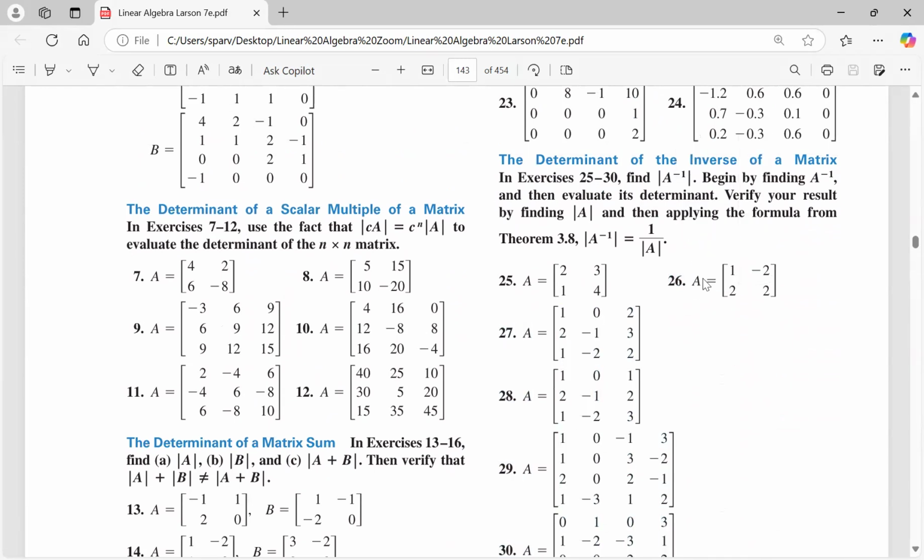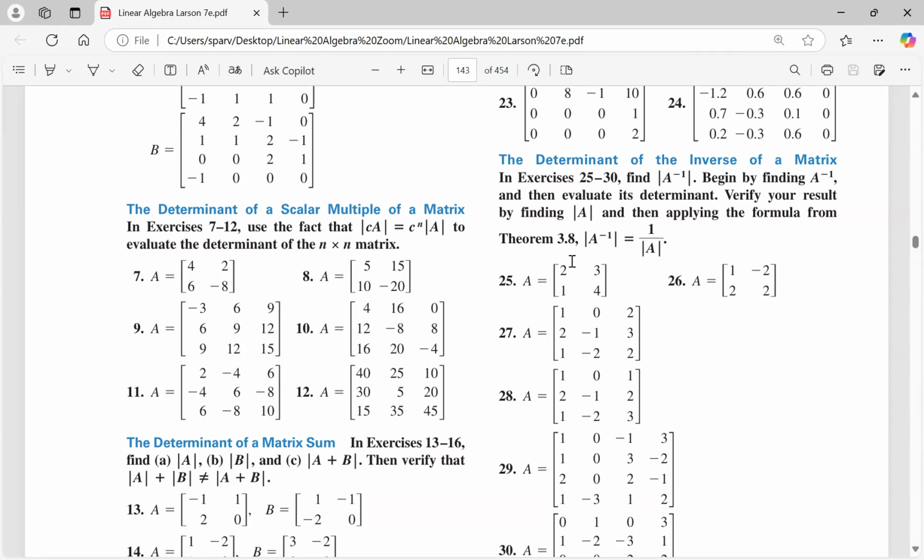The question: find the determinant of the inverse. It says begin by finding the inverse and then evaluate the determinant. Verify your result by finding the determinant of A, and then instead of finding the inverse and then the determinant, use this shortcut.